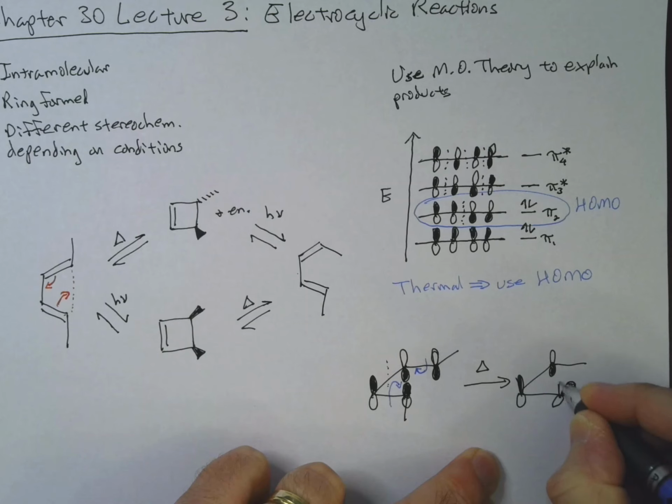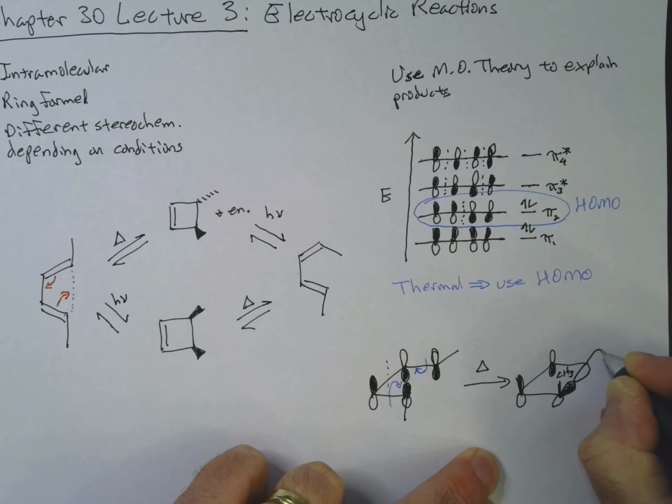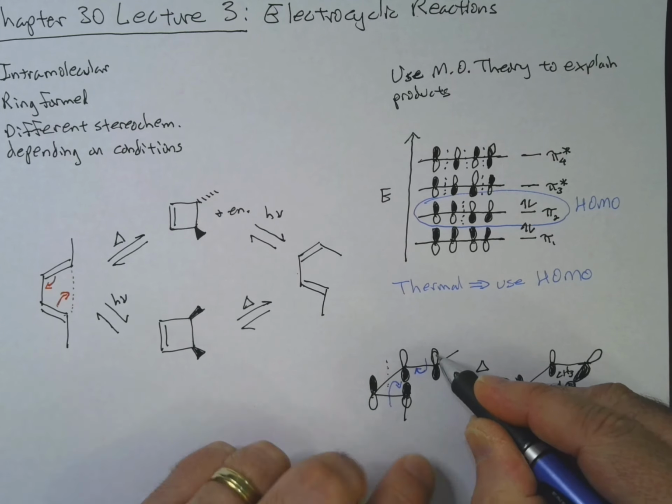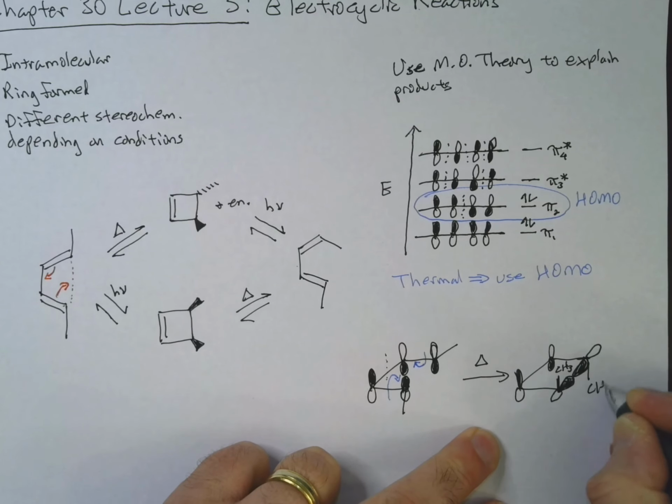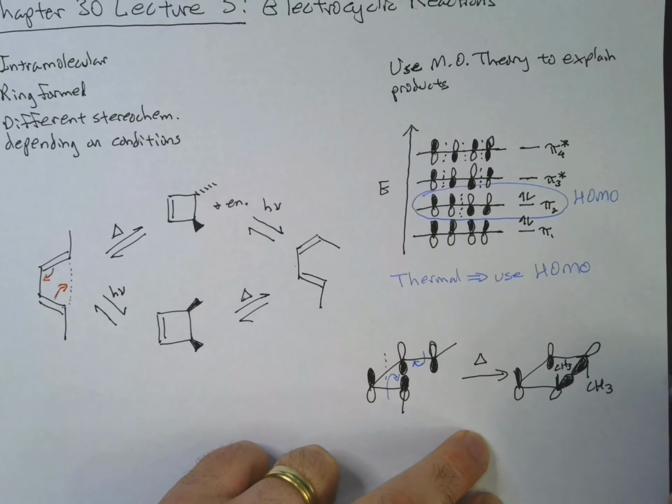So I'm going to have my CH3, and then here I'm going to have my p orbital. And because it rotated this way, this guy's going to swing down, so I'm going to have CH3 there. So I get a trans product.